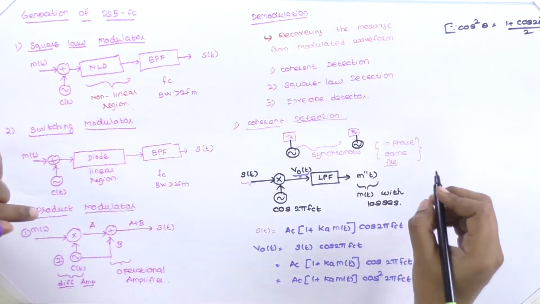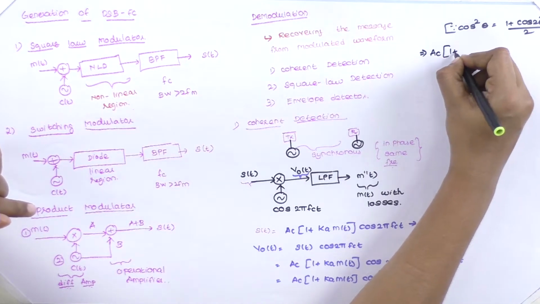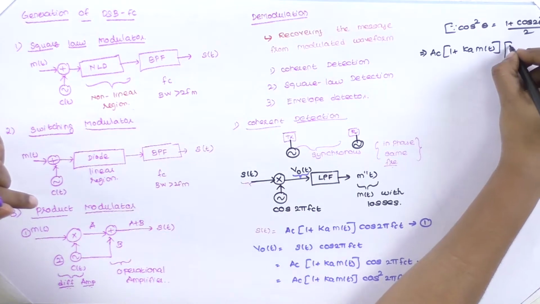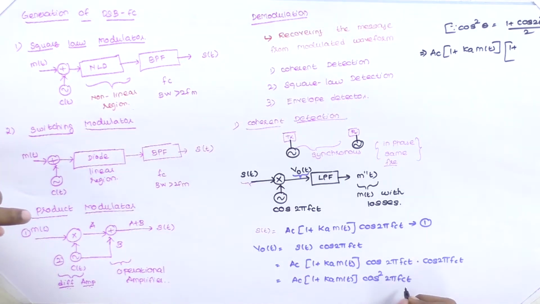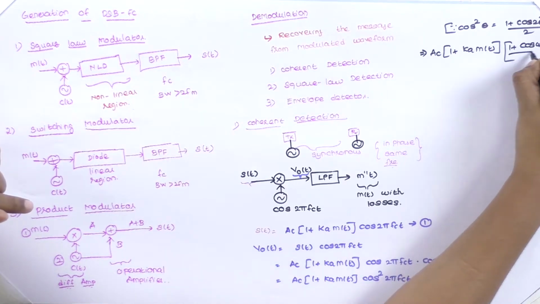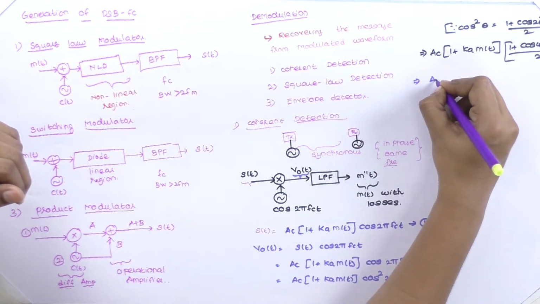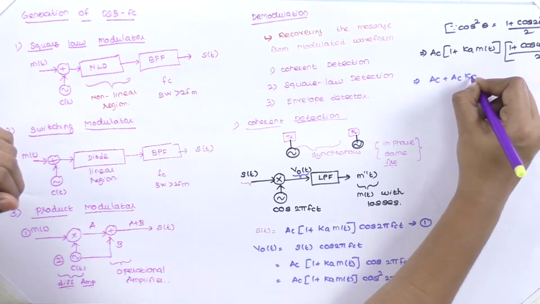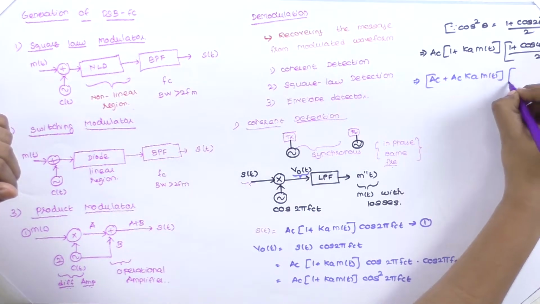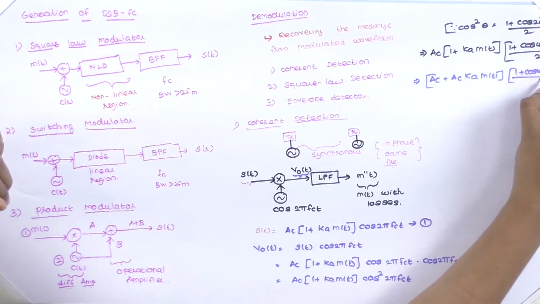Therefore, replacing with the identity, Ac into 1 plus Ka m of t into 1 plus cos 4 pi fct divided by 2.